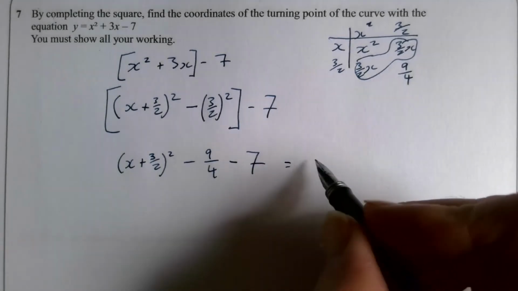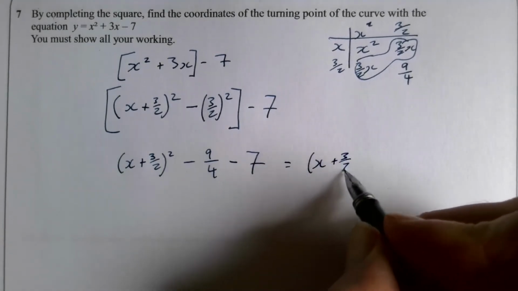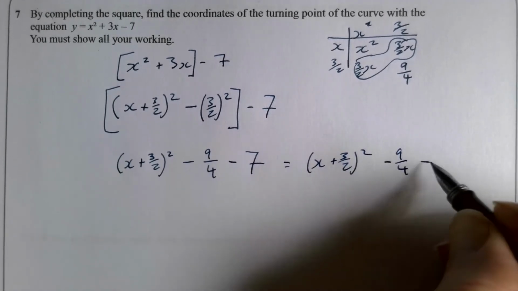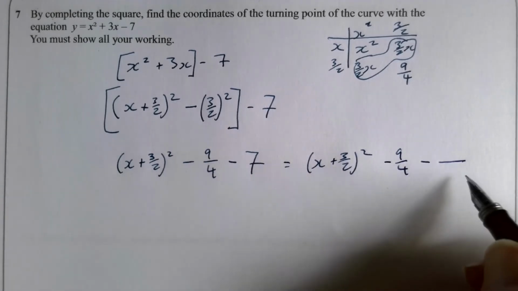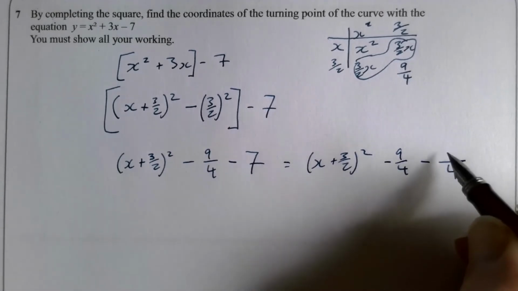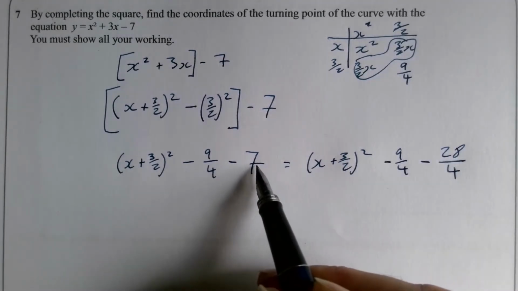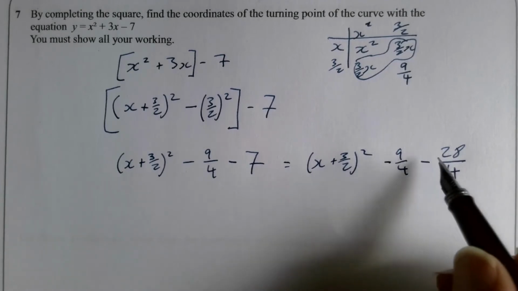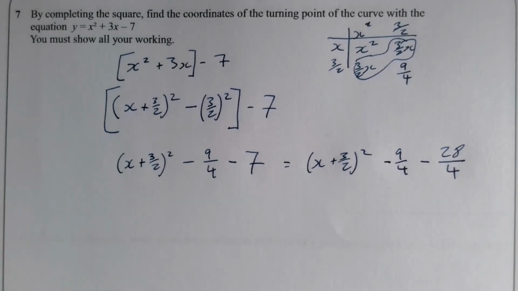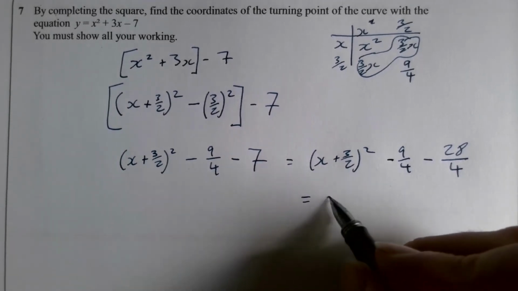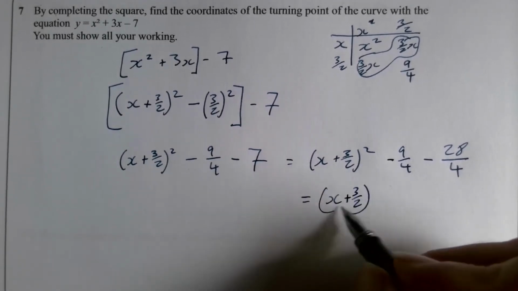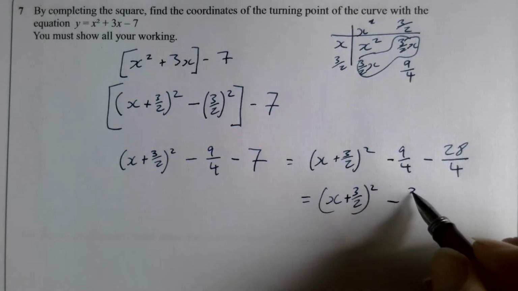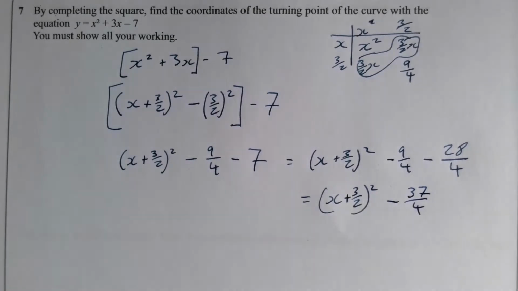So I could say that that is still that bit there, and I could say I've got minus 9 over 4, take, well, 7 wholes over 4 would be 28 over 4, because every whole is 4 quarters, isn't it? And then because they're both negative, when you add two negative numbers together you get more negative. That's going to give us x plus 3 over 2 squared, take 9 and 28 is 37, 37 over 4.